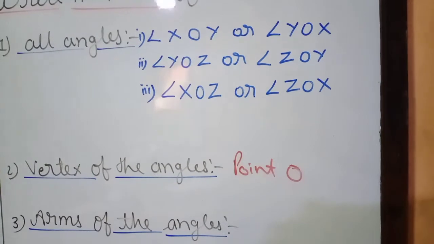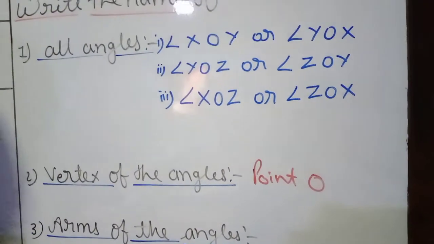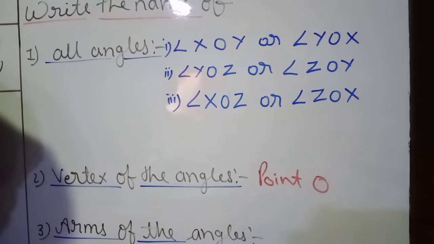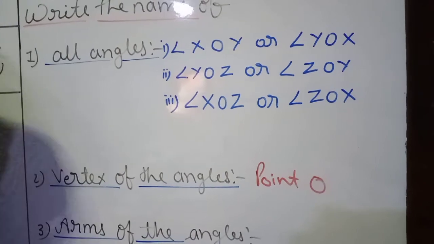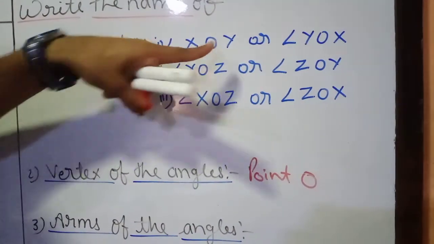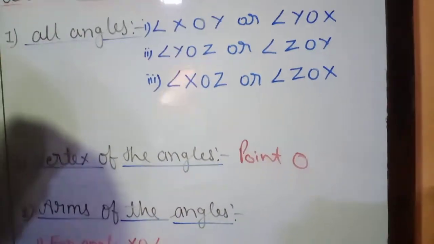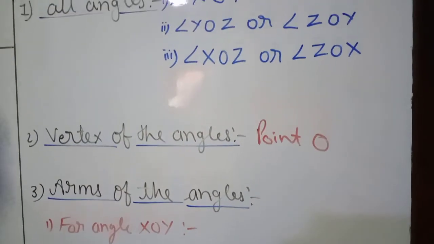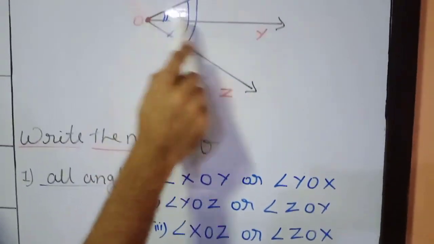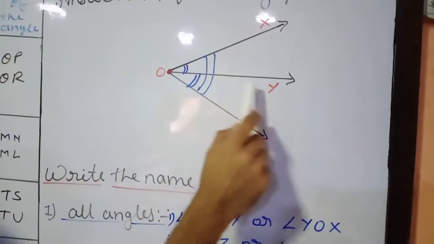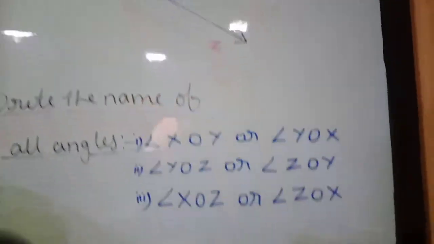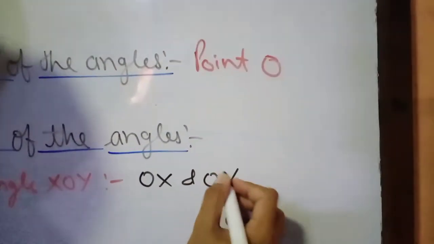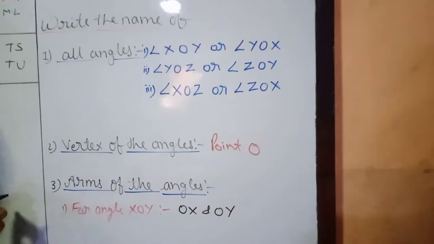Arms of the angle. Here, the first angle we have is XOY. For angle XOY, what are the arms? We have OX and OY.